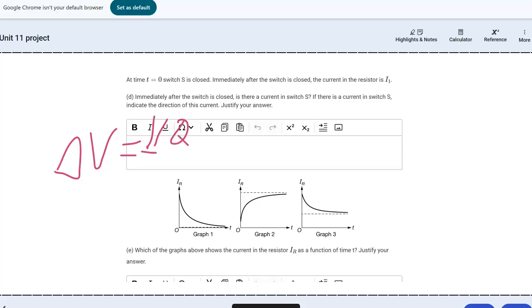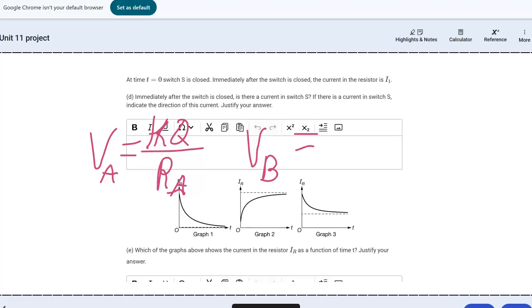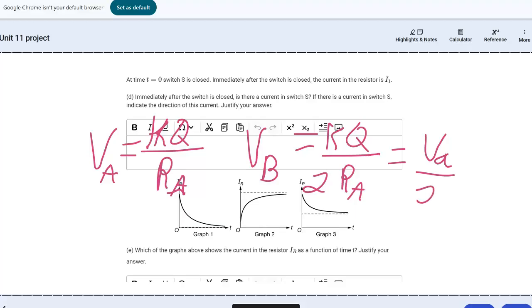That's KQ over R A. Oh, actually no, this wouldn't just be R. And then this is how we calculate V B, KQ over 2 R A. And that's going to be the same as V A over 2.